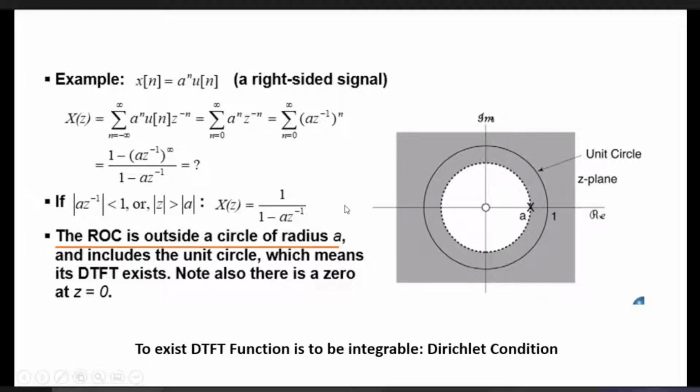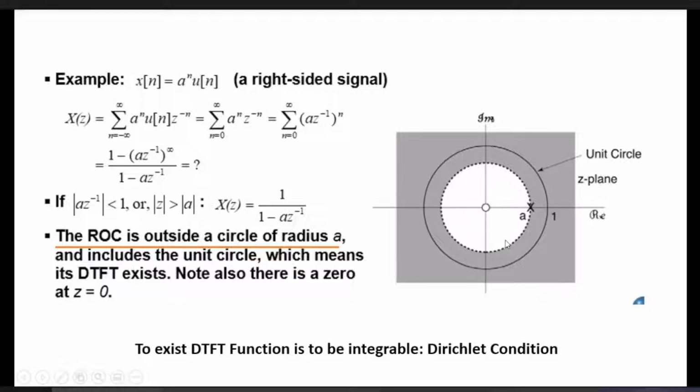Now the question is, if the value of a is less than 1, that means the ROC includes the unit circle.